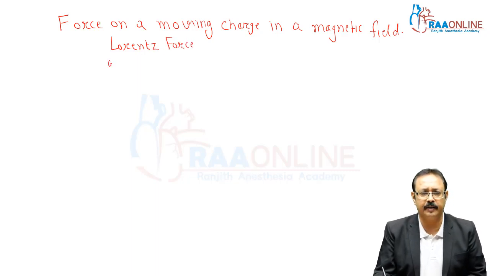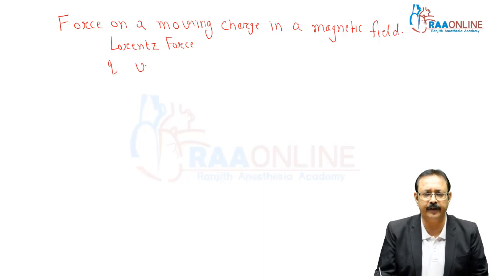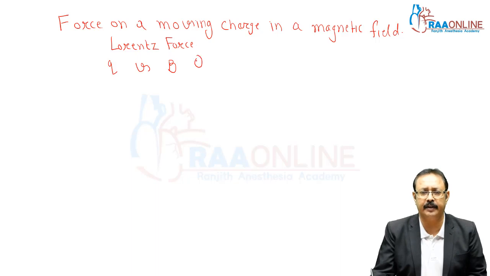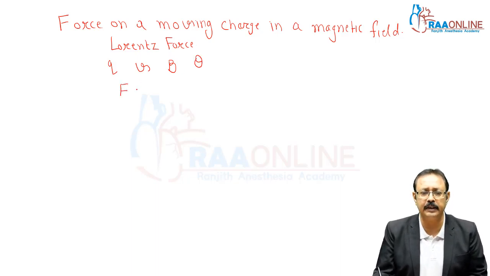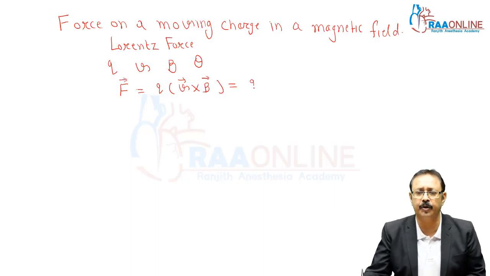If charge Q with velocity v enters a magnetic field B at an angle theta, it will experience a force given by the Lorentz force, Q v cross B. In vector form, F equals Q v cross B. It means Q v B sine theta.